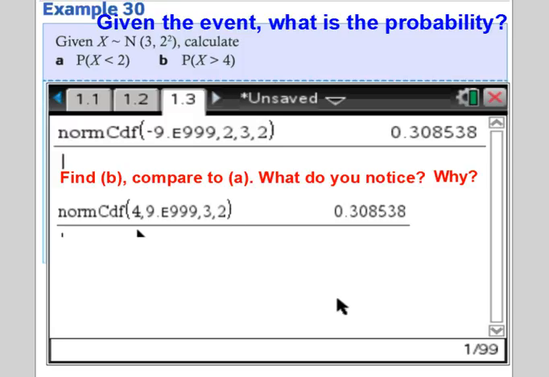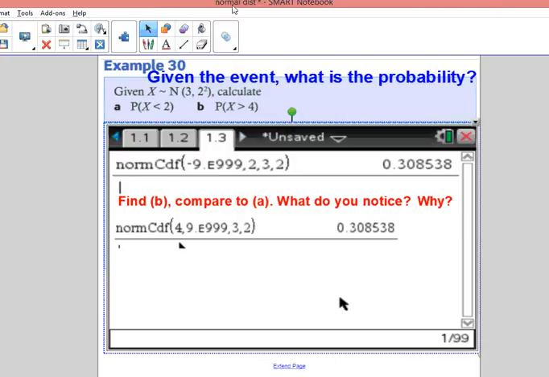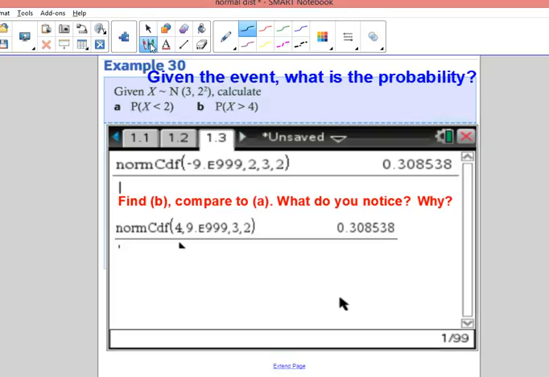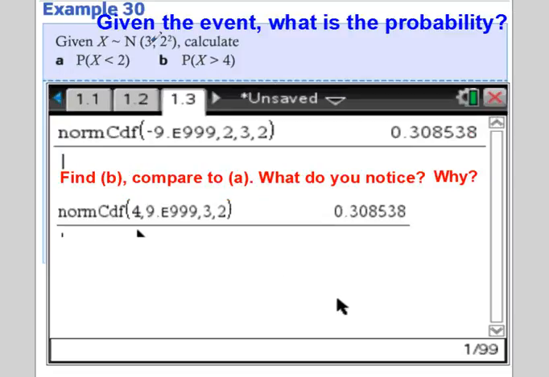So these two events, what do you notice? They're equal. Well, as we're doing calculations with normal distribution, one thing you have to be aware of is always bear in mind a sketch of the situation.